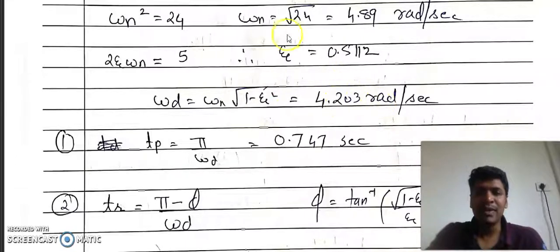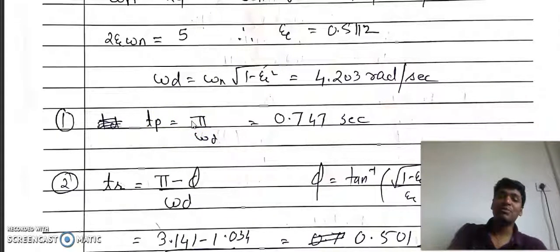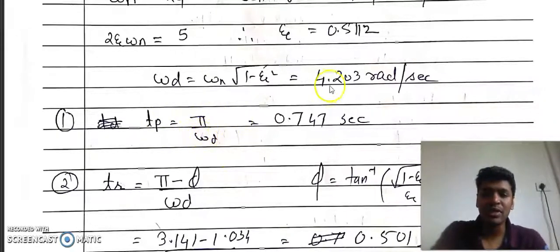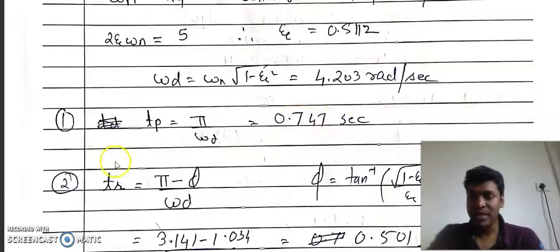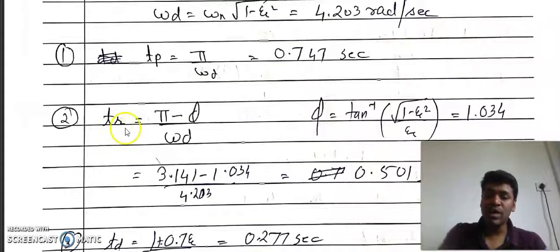Once we get the values of omega n and zeta, we can get all the time domain specifications. Let us first find the peak time. The formula for peak time is pi by omega d. Substituting the value of omega d, you will get Tp as 0.747 seconds. Similarly, Tr is the rise time, which is pi minus phi by omega d.